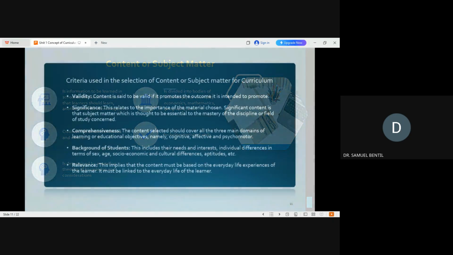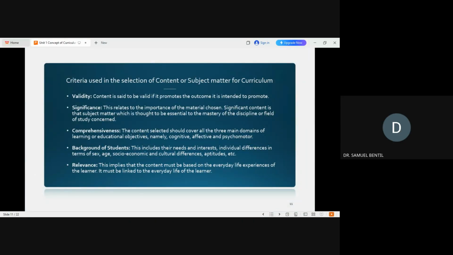Now, the question is, how do you select these subject matters for learners to do? Is it that you just stand up and say, okay, all of you go and do this course? Or you must consider certain criteria or principles? When we say a principle or criteria, we are basically talking about the rules or the measures that explain how something is done or that govern the conduct of a certain activity.